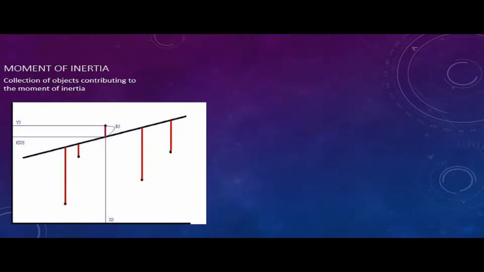So there may be a collection of objects contributing to the moment of inertia. Just like in here, a certain rod is being hung by certain things in different positions, and they have different contributions to the torque, and we can sum them up.